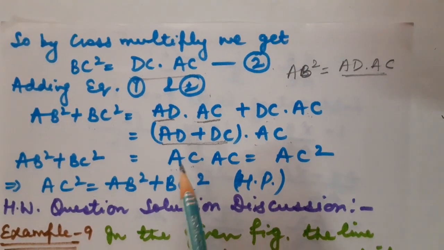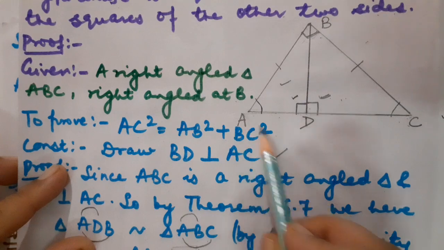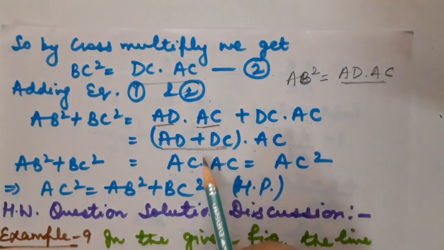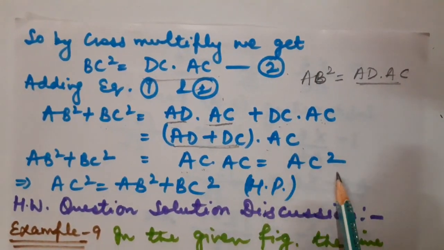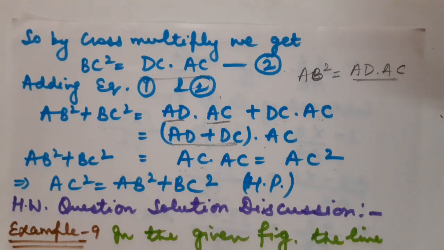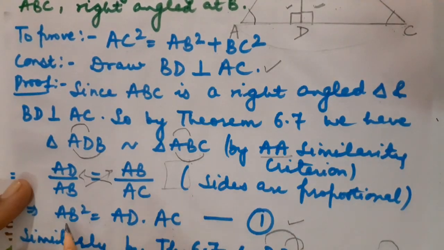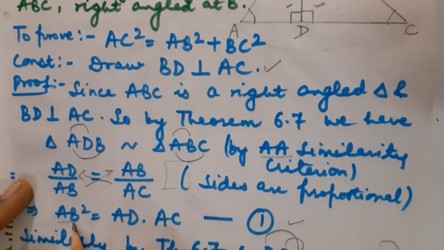Have a look, this is AD plus DC, which is nothing but AC only. So AC into AC will become AC square. So it is proved that AC square is equal to AB square plus BC square. Now children, you may have understood why I didn't use the third relation. I wanted AB square. So how could I get AB square?